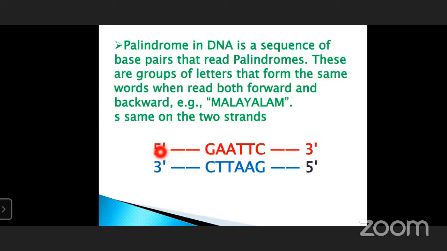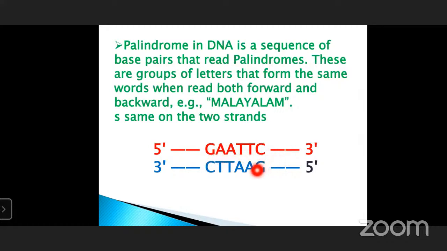One strand runs in the 5' to 3' direction. Another strand runs in the 3' to 5' direction. Both these strands are complementary with each other. So in this strand, the nitrogen bases are present as GAATTC.